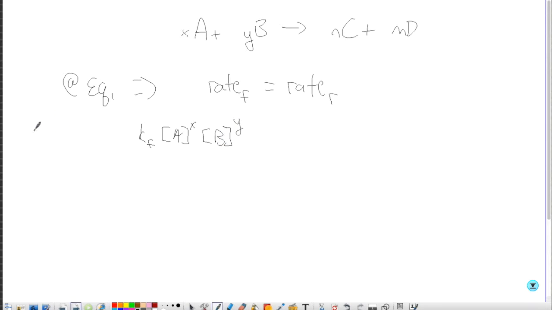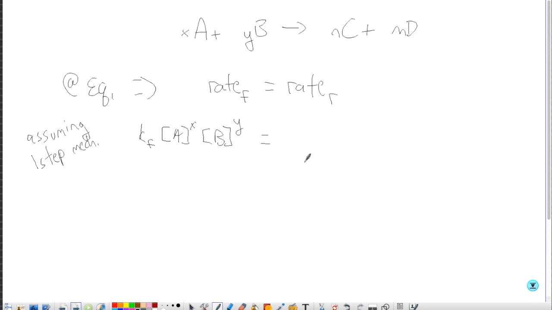Now notice that I'm assuming a one-step mechanism. And that's going to be assumed for everything that we do in intro chemistry. In college, you'd add on to this and you'd learn what to do with multi-step.